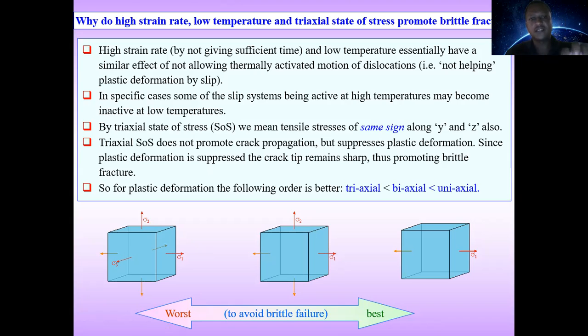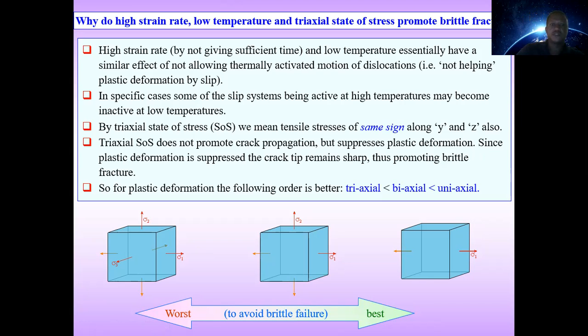And in specific cases, some of the slip systems that are active at high temperature may become inactive at low temperature. By triaxial state of stress, we mean tensile stress of the same sign along Y and Z also. The triaxial state of stress does not promote crack propagation, but suppresses the plastic deformation. Since the plastic deformation is suppressed, the crack tip remains sharp, thus promoting brittle fracture.